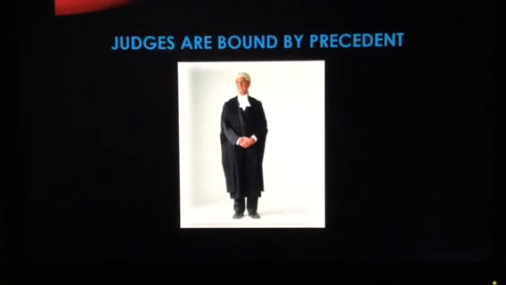Again, that is when the circumstances of the cases are similar. If the circumstances are different, the cases are different, then the judge can rule in a different fashion. So precedent only relates to similar cases, similar situations.